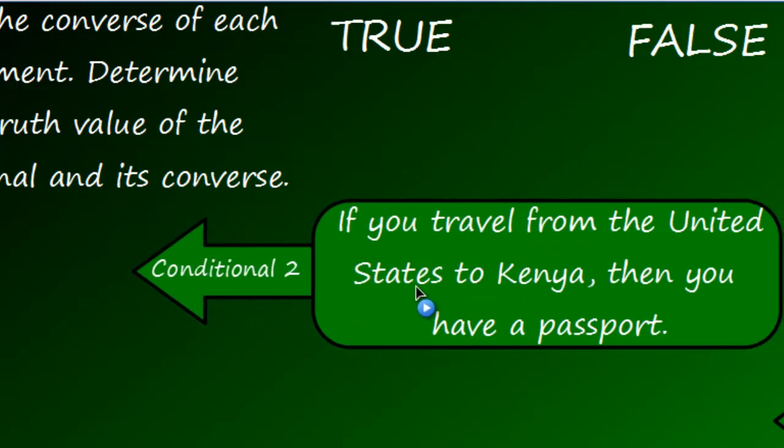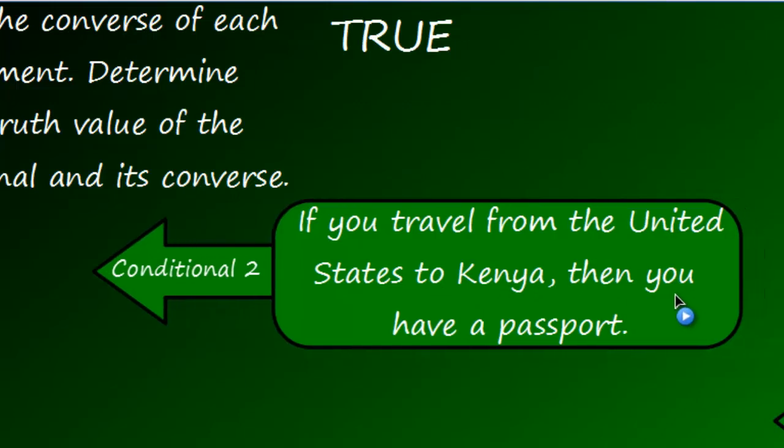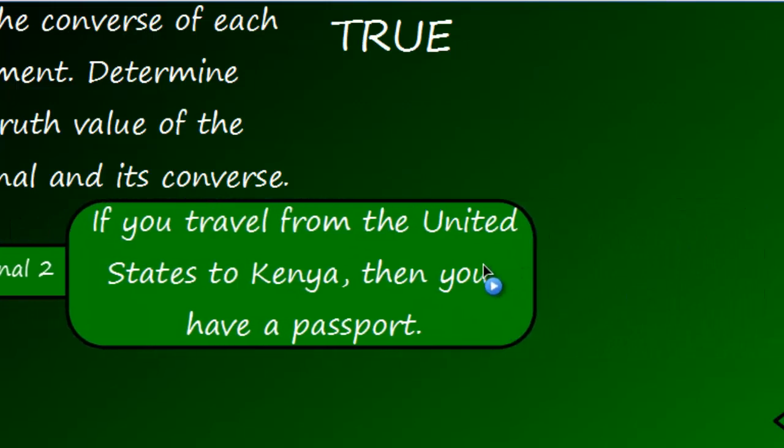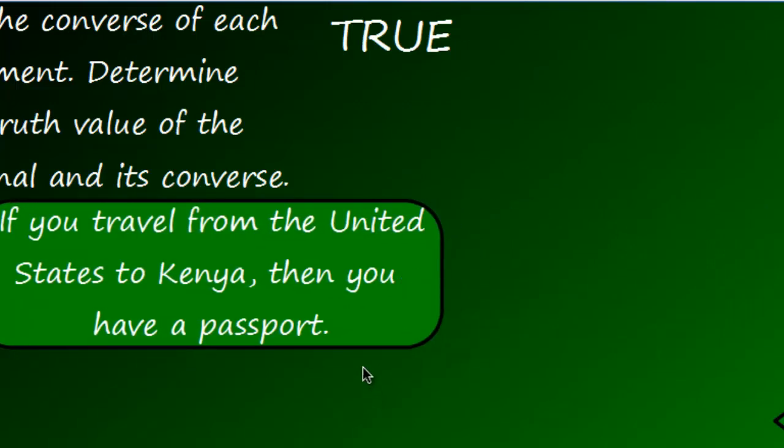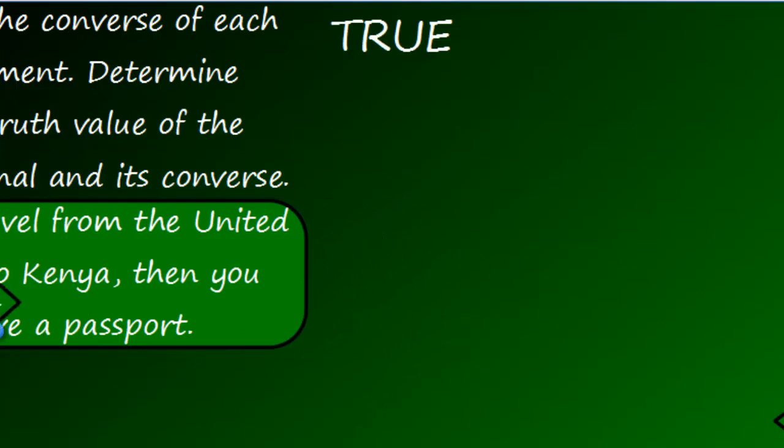If you travel from the United States to Kenya, then you have a passport. Is that a true or false conditional? Well, that would be true, because you can't leave the United States or get into the country of Kenya without a passport. So if you traveled from the United States to Kenya, then you would have a passport. So let's write the converse of that, which means we're going to switch the hypothesis and conclusion.